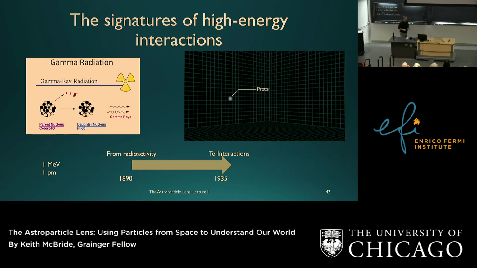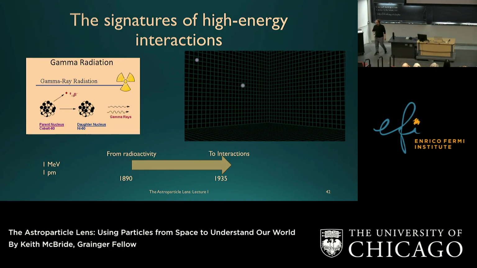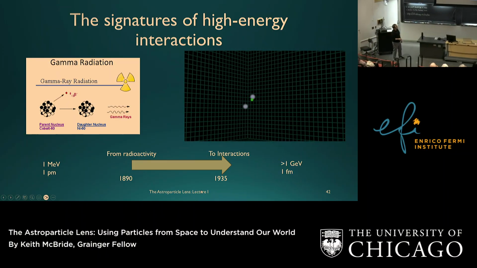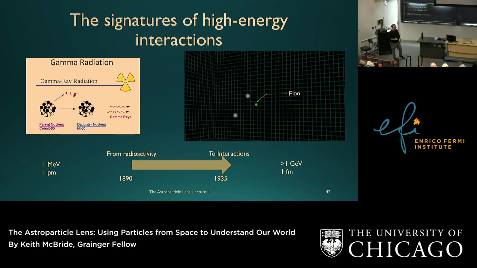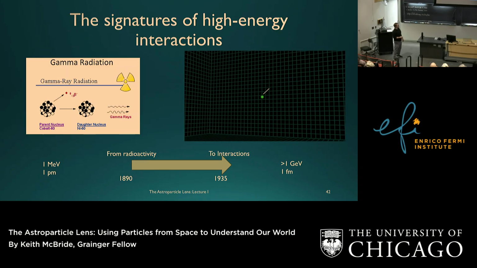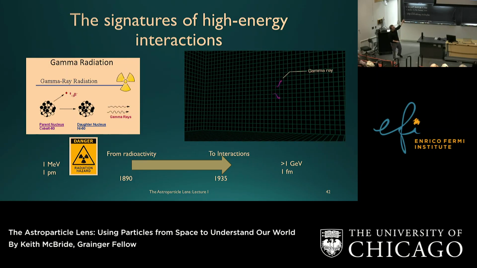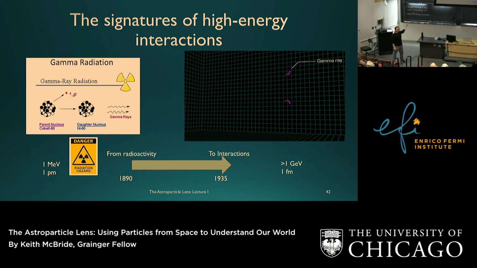And so the difference in scale here is really interesting. It's mega electron volts in energy and picometer scale, right? And now we're talking about energies that are femtometer scale or greater than GeV, billions or 1,000 times higher. And we already knew that radioactive gamma radiation is dangerous.